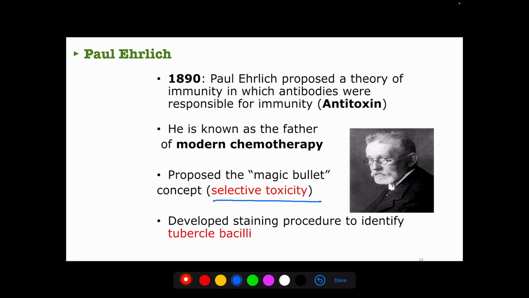He also developed staining procedures to identify the tubercle bacilli, a method which later on was modified by Ziehl and Neelsen, which is still used today and subsequently developed into Gram staining.